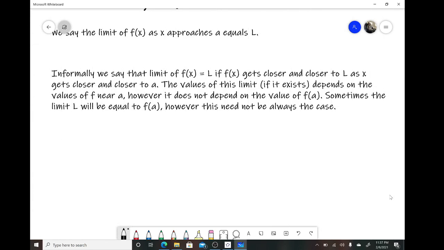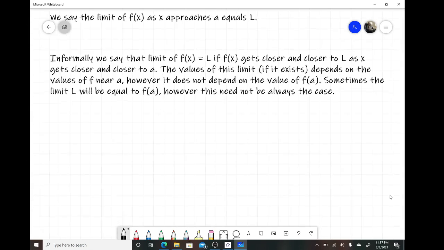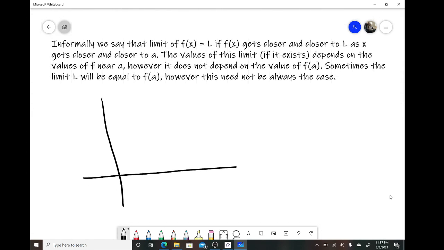All right, so let's do an example. Let me try to draw a plane here. Let me try to draw a nice function. So I have 1, 2, 3, 4, 5, 6, and on the y, I'm going to go 1, 2, 3, 4, 5. Actually, let me just use the ruler, so it'll just look nicer.